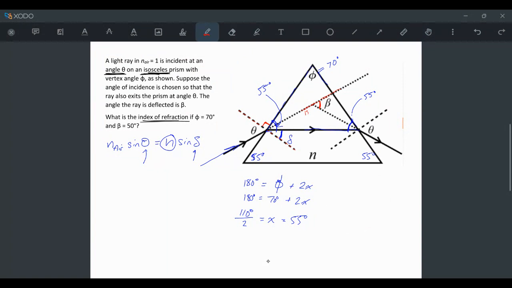So this angle in here is going to be 180 minus beta, because this is a straight line: beta is the first angle, and this piece that's remaining is the second angle. So 180 minus beta is equal to 180 minus 50. That means this angle is equal to 130.